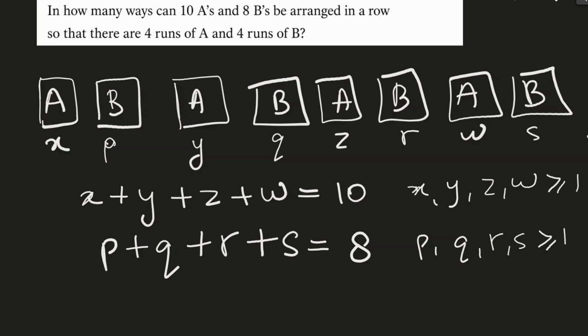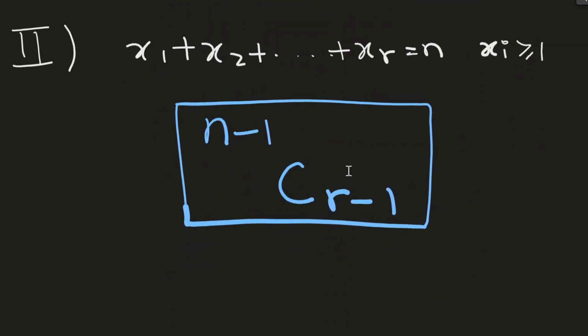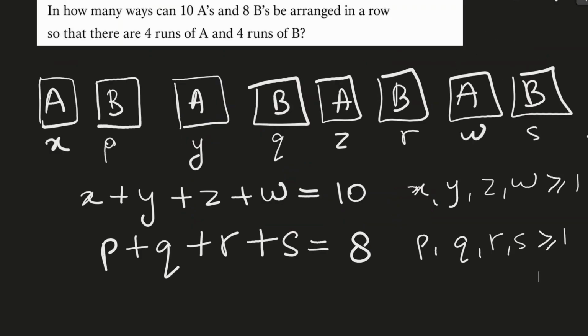And now we're going to be using the same thing. In fact, we're going to be using this formula now because we are given that xi is a natural number in this case. So for this case, let's take this as the first case for A's and this is the first case for B's. So for the first case, we'll just use n minus 1 C r minus 1.